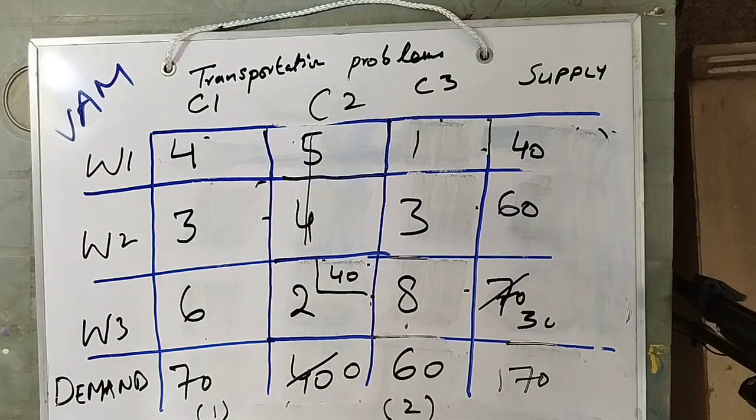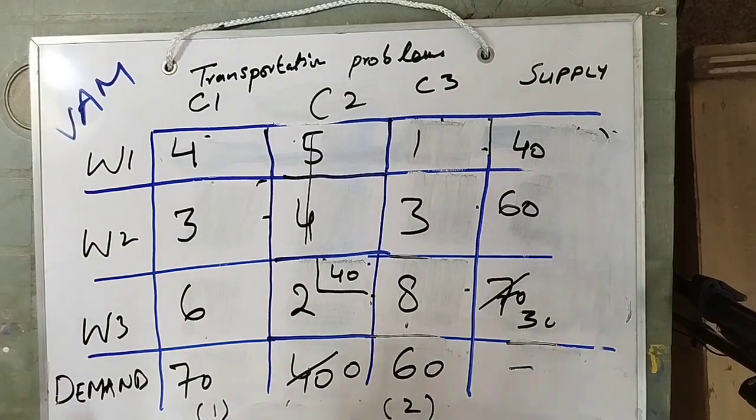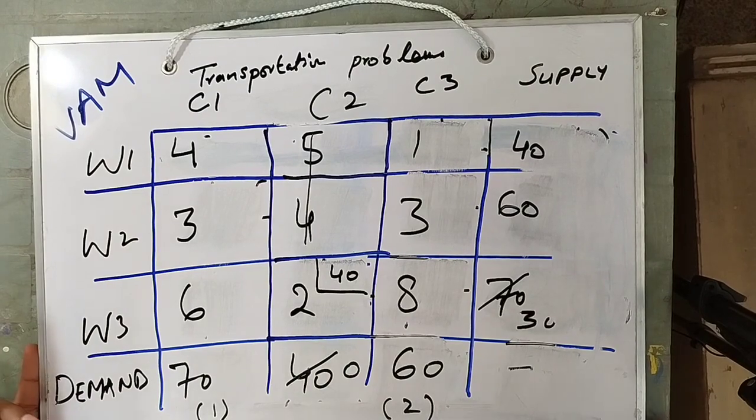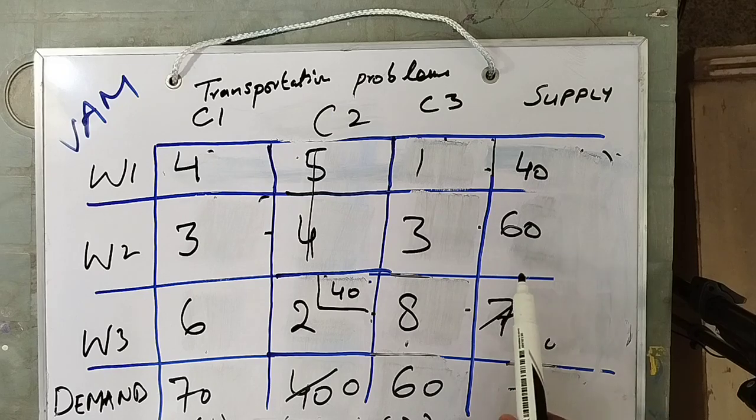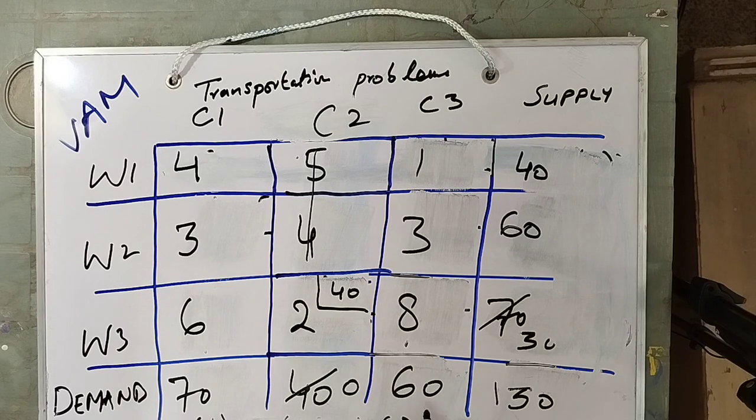Before the penalties, we have to find out the demand and supply in totality. 40 plus 60 plus 30 is 130. You see 130 is total, like 60 plus 70 is 130. So you see demand and supply are the same, so we are going in the correct direction. This is allocated, these are cut, remaining are these.